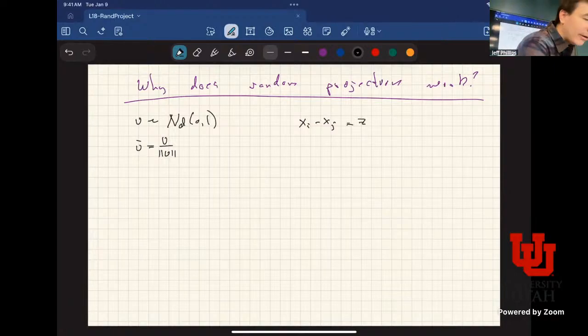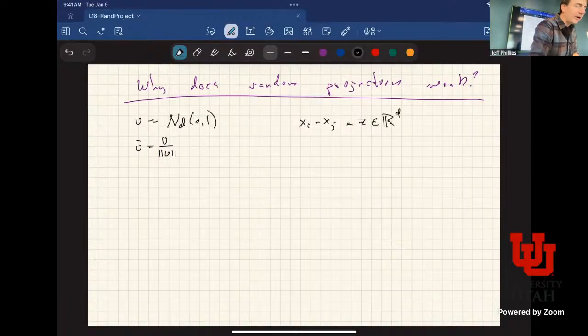If I look at the difference between two vectors I care about, the difference between two vectors is a vector. This is a vector z.